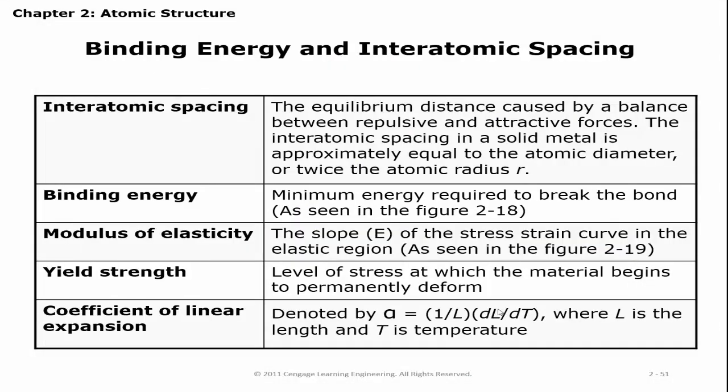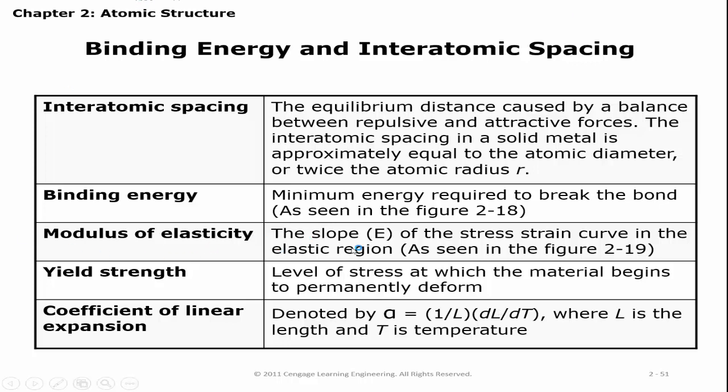So here we have the binding energy and interatomic spacing. The interatomic spacing is the equilibrium distance caused by a balance between repulsive and attractive forces, and the interatomic spacing in a solid metal is approximately equal to the atomic diameter, or twice the atomic radius. The binding energy is the minimum energy required to break the bond.